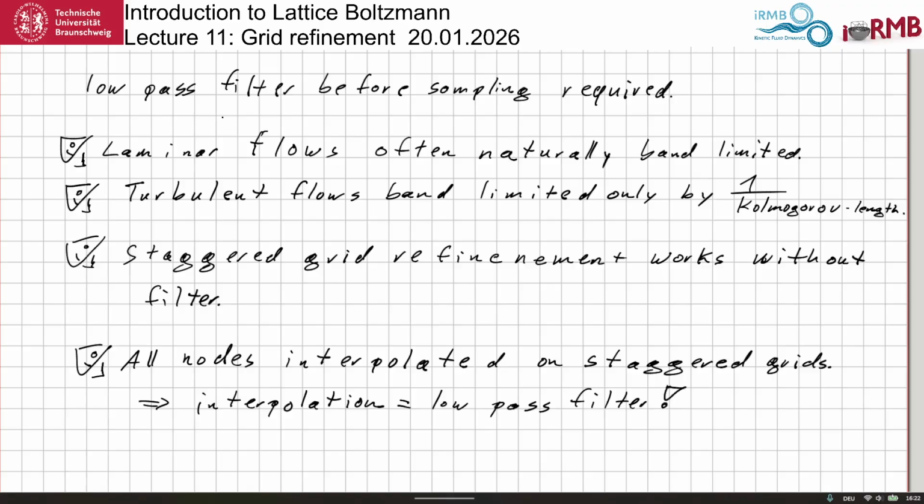So this is the thing that you need to do. Nowadays there are two ways of doing this. Either you use staggered grids and you don't bother about the sampling theorem, or you use overlapping grids, but then you use a low-pass filter.